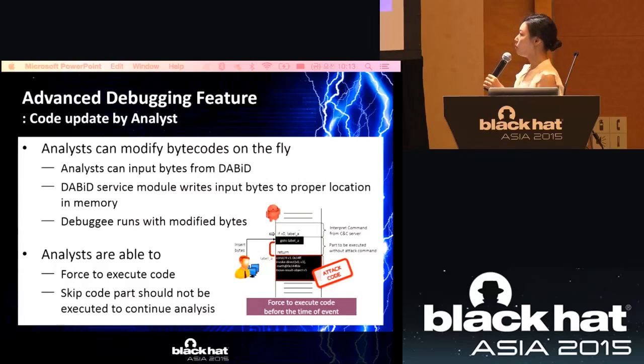So analysts are able to change the execution flow by inputting goto instructions, and can also skip code parts by inserting nop instructions, for code which should not be executed to continue analysis, such as disrupting the debugger or sending information to the command and control server.